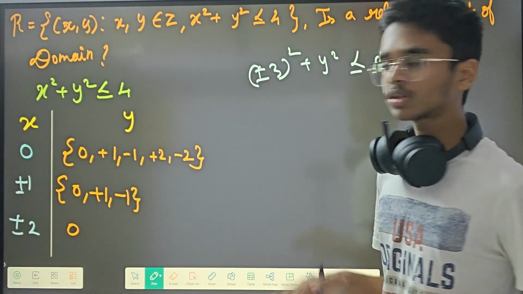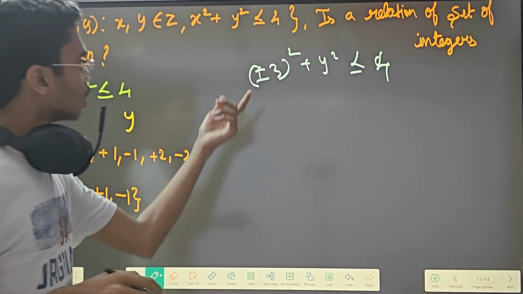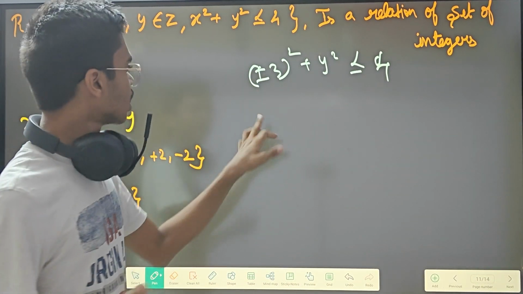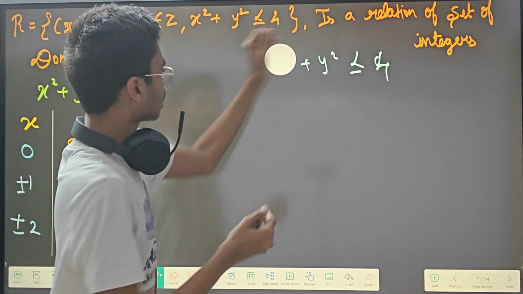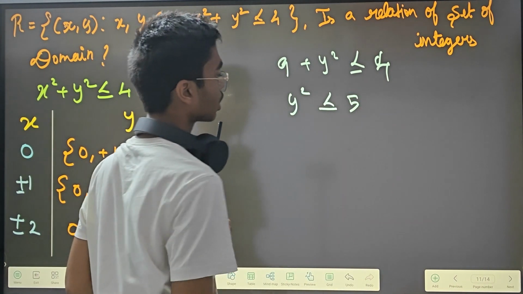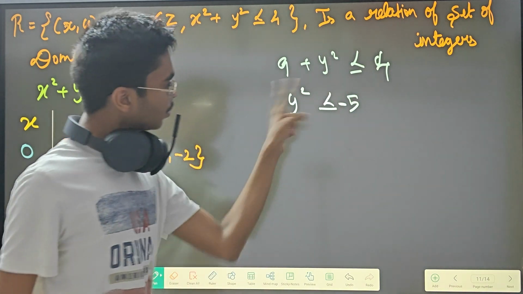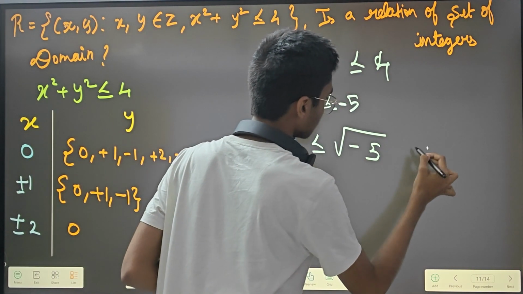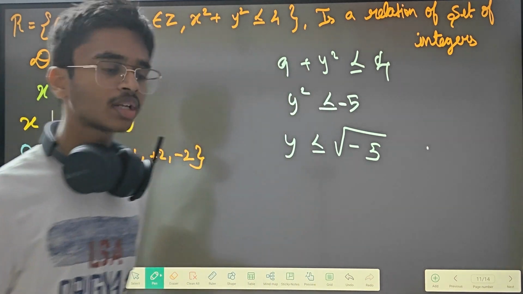Now you will neglect the plus or minus since square is there, and 3 square is going to be 9. Then y square is less than or equal to minus 5. Now root y is less than or equal to root of minus 5, which is undefined. Which is not correct.